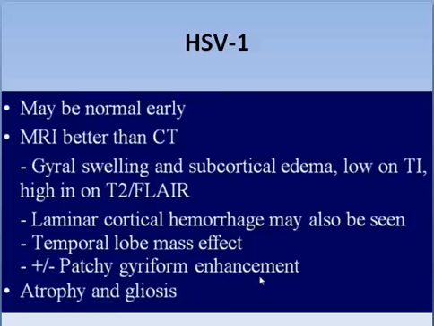It may be normal in early study. MRI is better than CT. It shows gyral swelling and edema. Laminar cortical hemorrhage may occur, and the temporal lobe, being swollen, will result in mass effect, and we have patchy gyral enhancement. Late we'll have atrophy and gliosis.